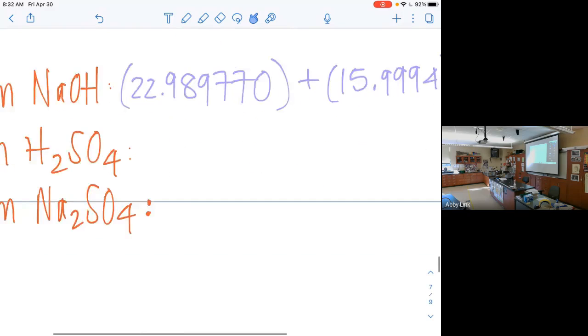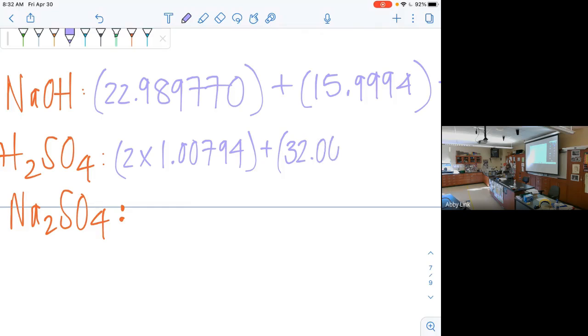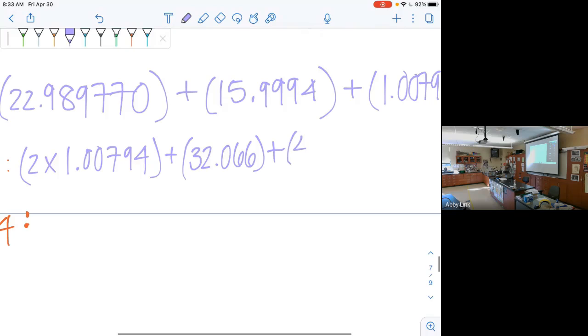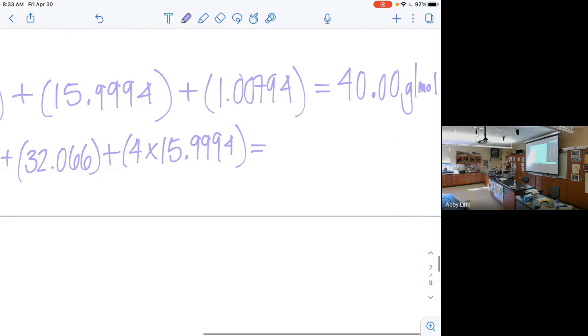Okay, I'm going to do the same for my H2SO4. 2 times the mass of hydrogen plus sulfur, 32.066, plus 4 times the mass of oxygen. Bless you. All right. H2SO4 molar mass comes out to be 98.08 grams per mole.